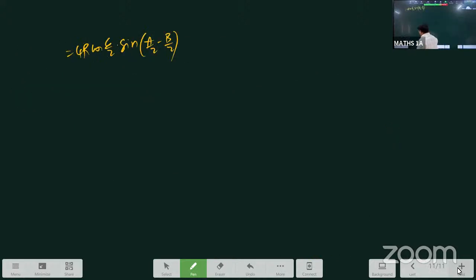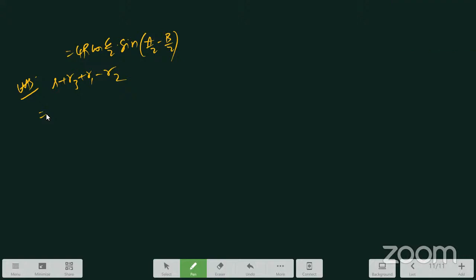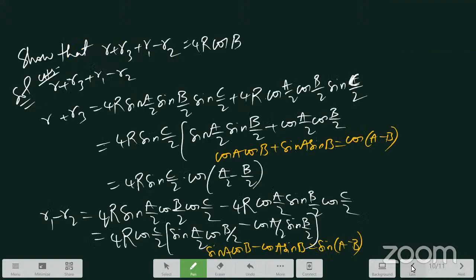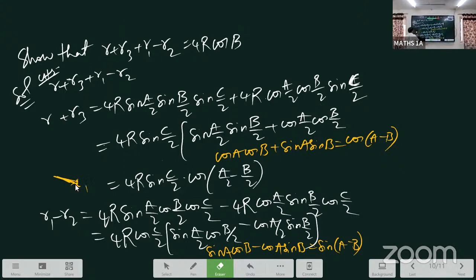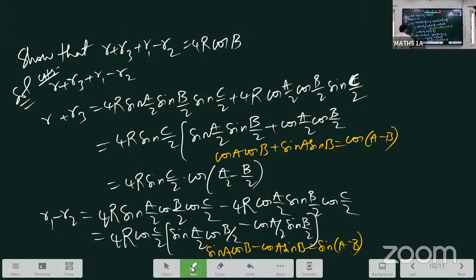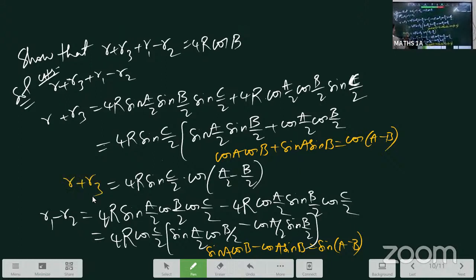Now, add both to get the complete LHS. What it was: R plus R3 plus R1 minus R2. What is your R plus R3? Just now we got it.